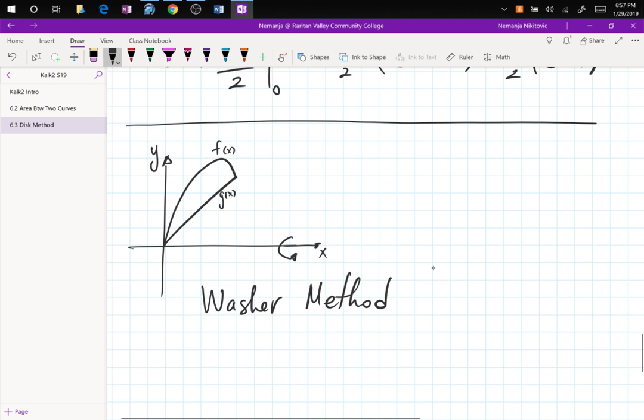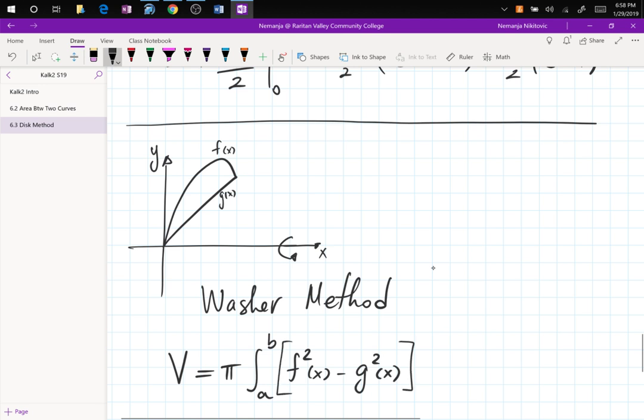Come on. Okay, so washer method. I'll explain why they call it disk and washer method. It's going to be exactly what you guys told me earlier. But now let's just write the formula. So volume is equal to pi integral from a to b of f squared of x minus g squared of x, right?